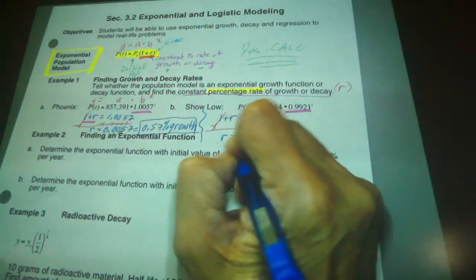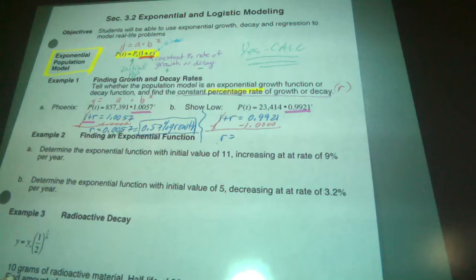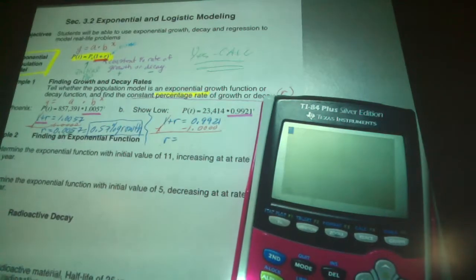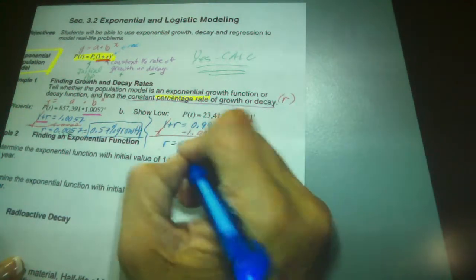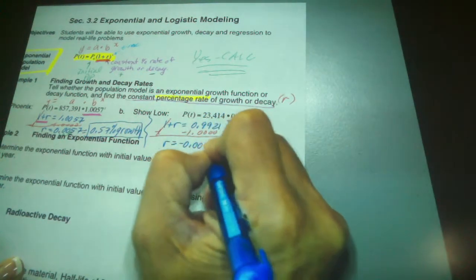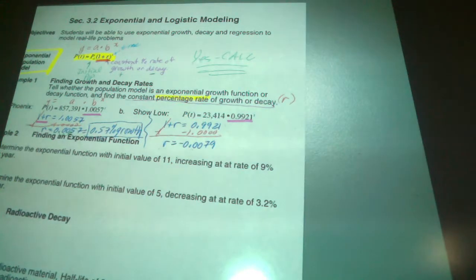So R ends up being, you get a negative 0.0079. And again, that's not its percent form.